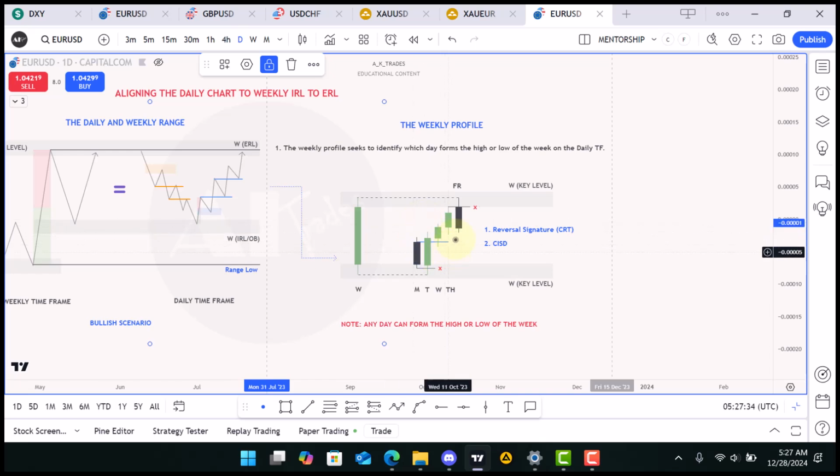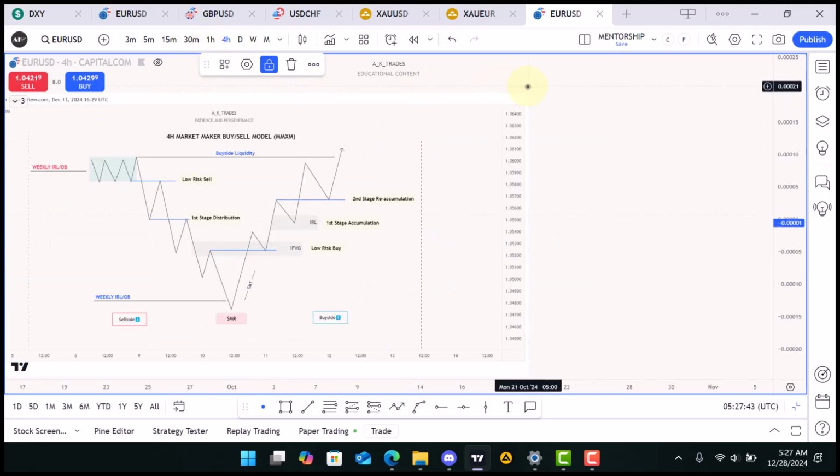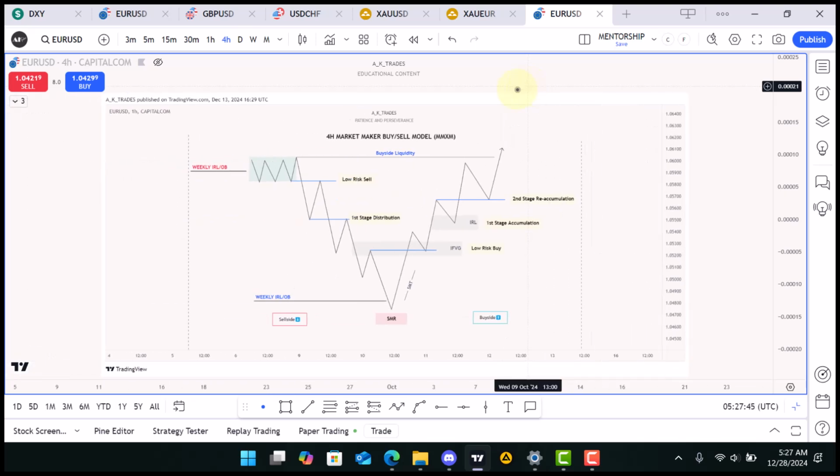So when this pattern presents itself, all I need to do is to drop down to the 4 hour time frame and look out which stage of my market maker buy model I'm in in order to frame my lower time frame setups.